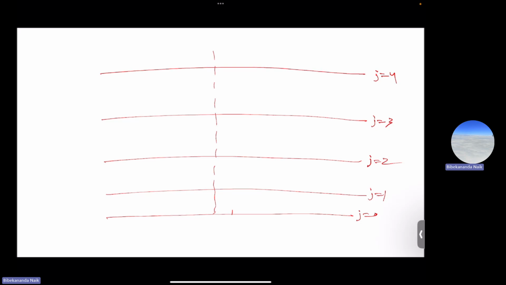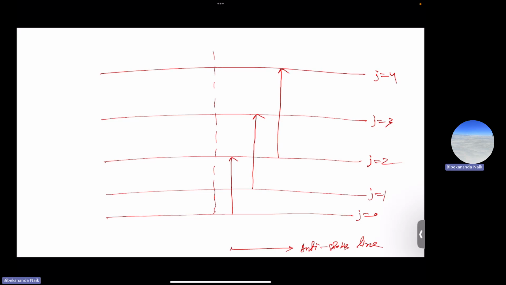So when the transition occurs from 0 to 2, 1 to 3, or 2 to 4, these are anti-Stokes lines.